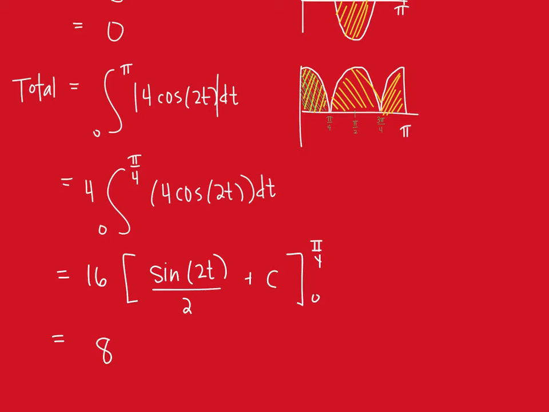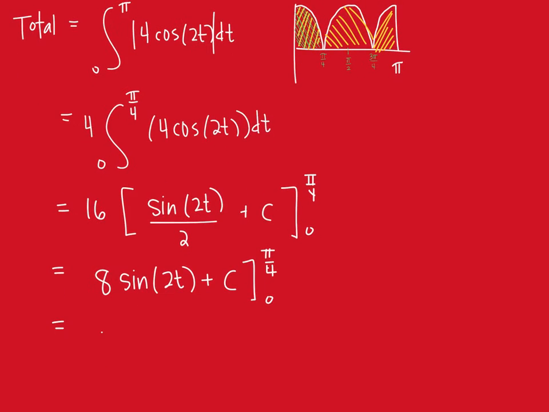So that would be 8, 16 divided by 2, of the sine of 2t plus c, again going from 0 to pi fourths. So 8 sine, plugging in pi fourths, that would be 8 times sine of pi halves, minus 8 times sine of 0, which is 8.